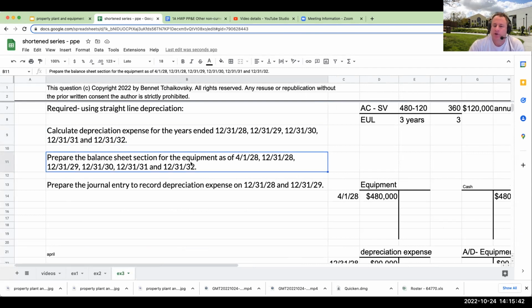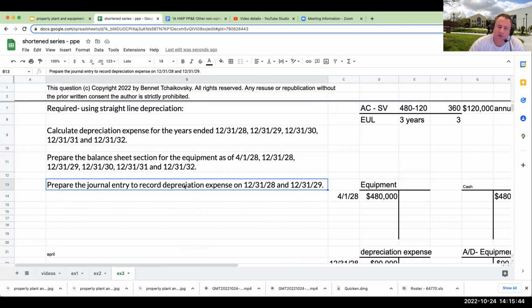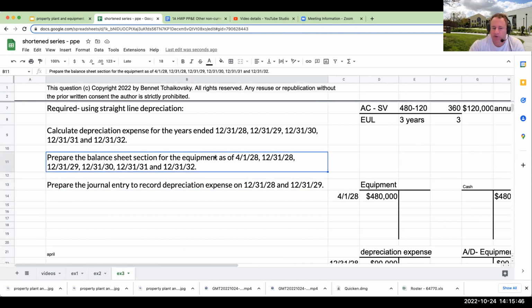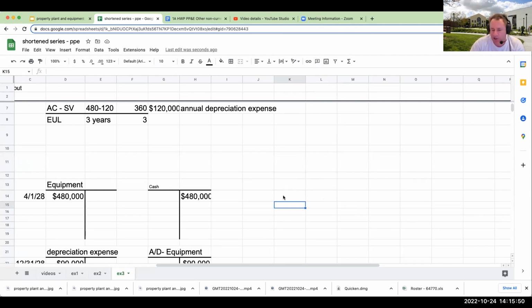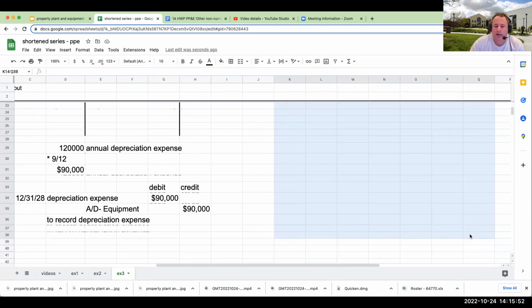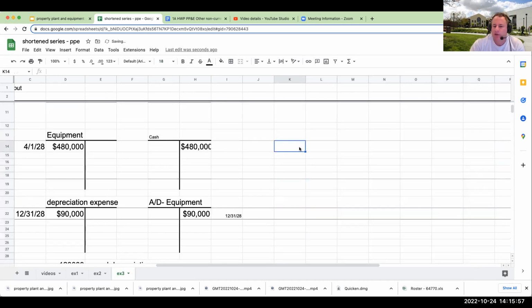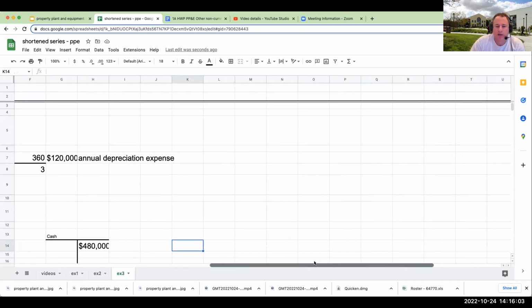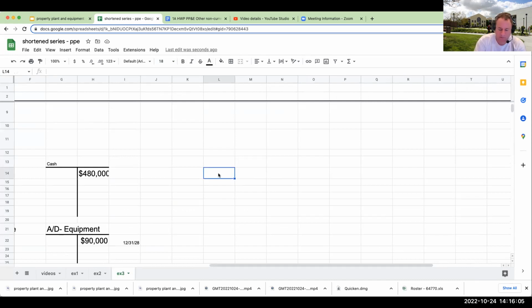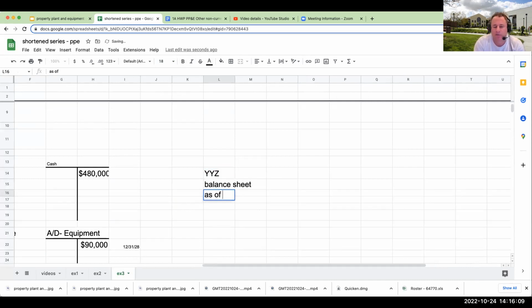Let's go ahead and do these other parts, and then we'll circle back and do the other years. But what does the balance sheet look like? What is the balance sheet presentation going to look like for this particular equipment? Remember, when we're doing a balance sheet, we say the company name, YYZ, balance sheet as of.